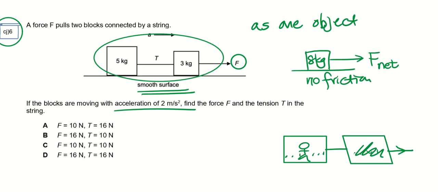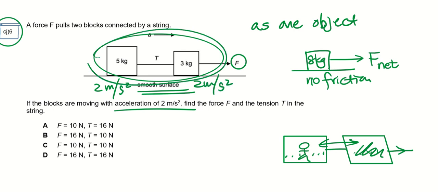Will both carriages have the same acceleration? They must, right? If not, then the carriages will be knocking into one another. So they both have an acceleration of 2 meters per second square, which means if I treat this as one whole object, then this 8 kg mass will be moving with an acceleration of 2 meters per second square.